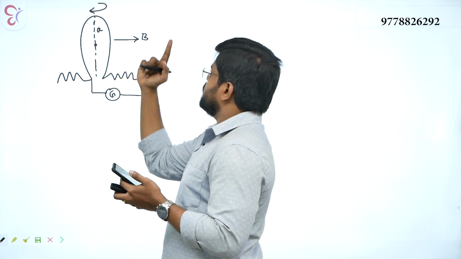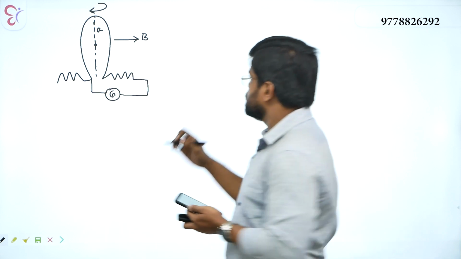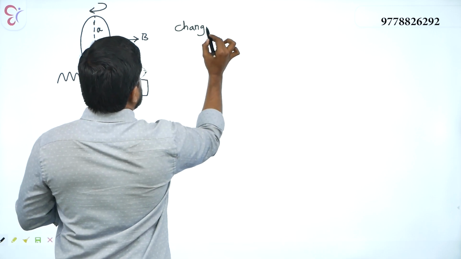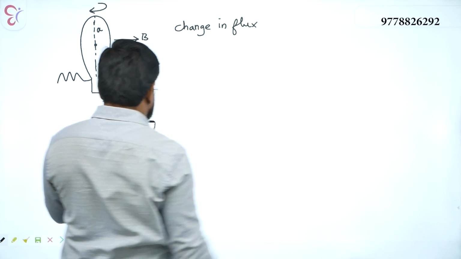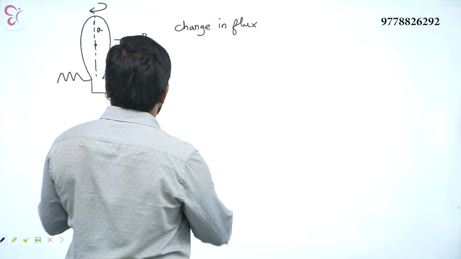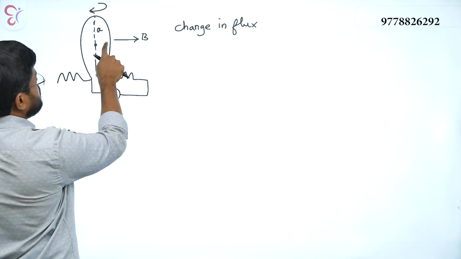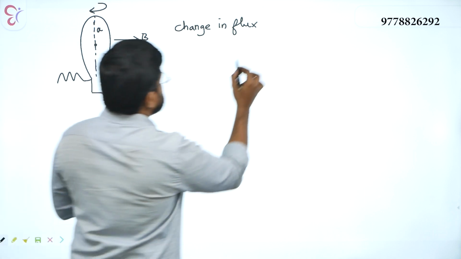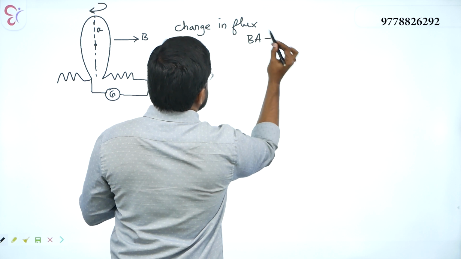The coil is flipped, which means there is definitely a change in flux. So first, the change in flux. What is the change in flux? If the area is in this direction, and B is in this direction, it is B dot A, which is BA.